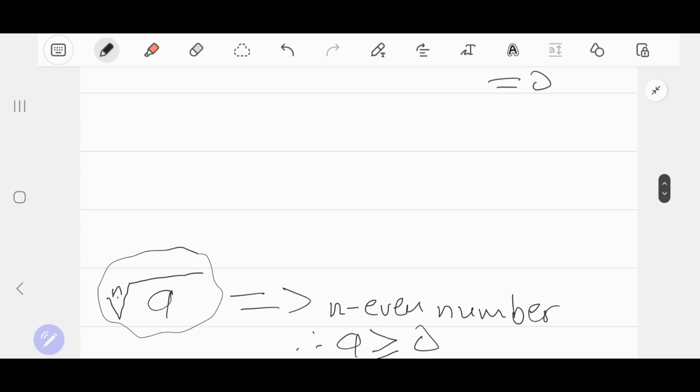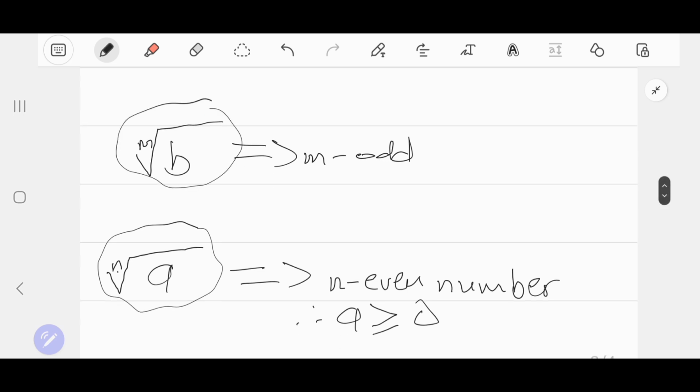Then the other one, people, is that if you have a number or a function b under an m root, and you find that your m is an odd number, then for this thing to make sense, b can be anything, people.